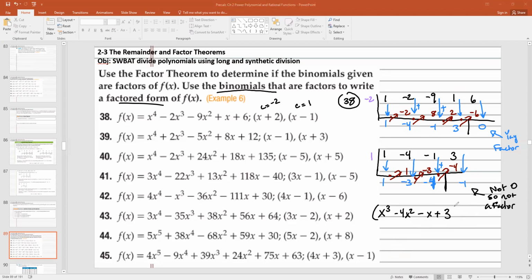And then we have that x plus 2 also works. And then we just write it like that. Sometimes we can factor it more, sometimes we can't. In this case, we can't. So there you go, that's it.